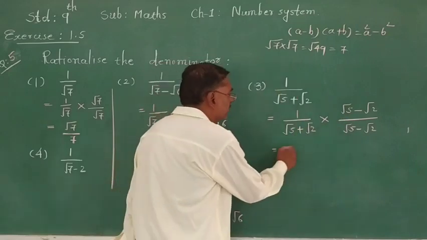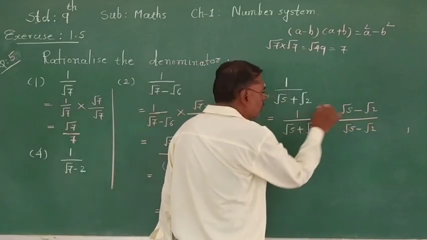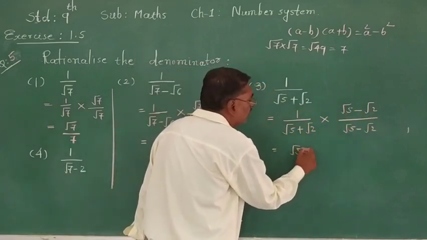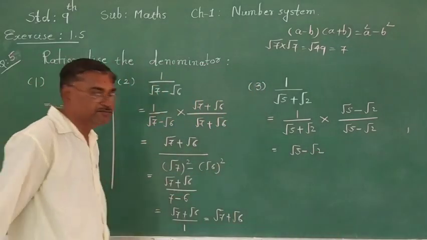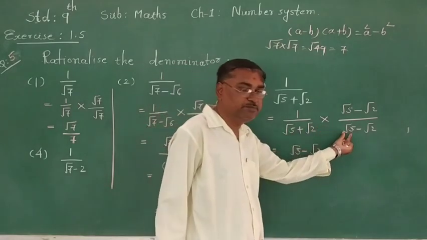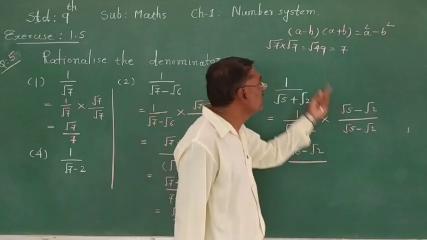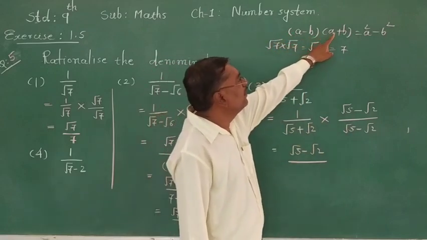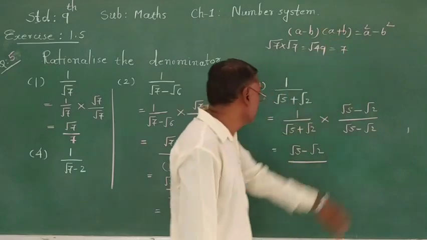Due to that, what will we obtain? Root 5 minus root 2 ones are root 5 minus root 2. Now in the denominator, we can see root 5 same, root 2 same. What is the difference? Plus and minus. So we can use this formula: a plus b, a minus b equal to a square minus b square.